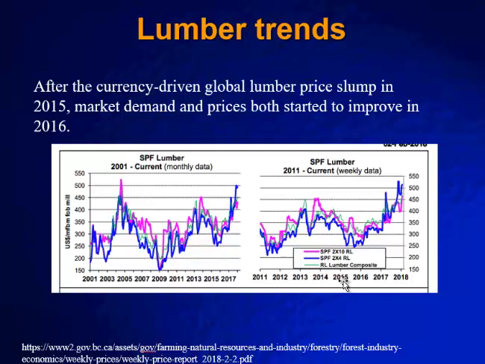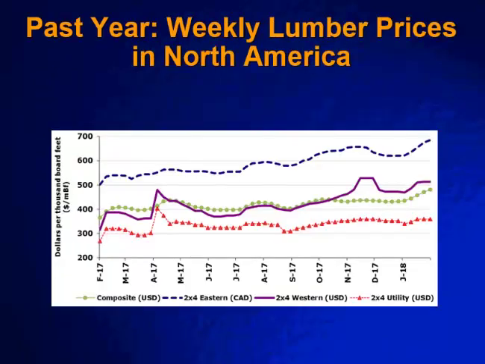So what you can see is that we have had relative increases, and in the past year or so, we've had a steady increase in lumber prices as well. And again, the green is kind of the normalized line for all different lumber products.